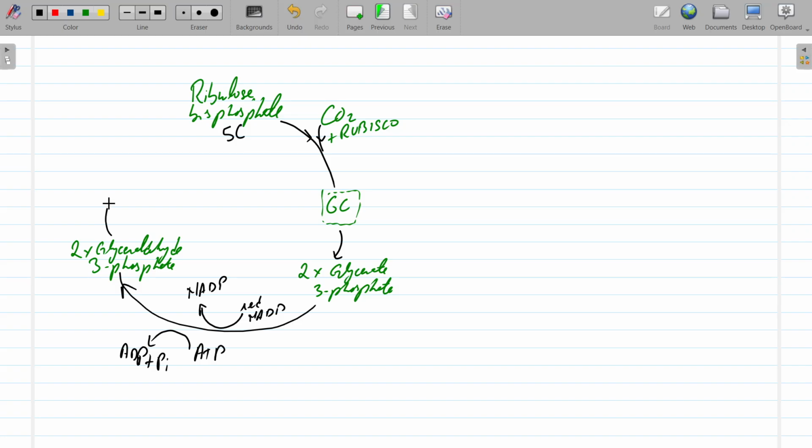Those intermediates are not mentioned, but the majority of the GALP goes back to forming ribulose bisphosphate, and some of it leaves the cycle to form glucose. That is the Calvin cycle.